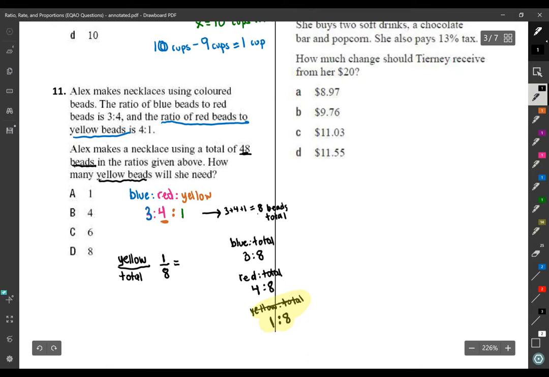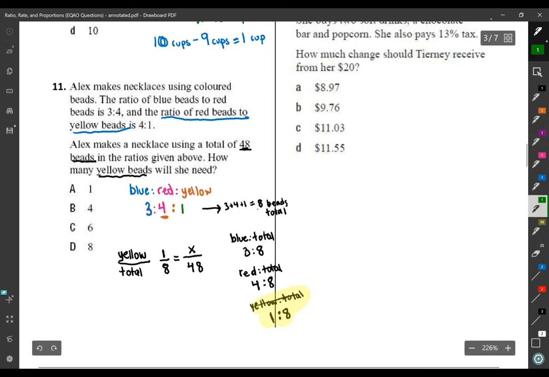But now, when I make a necklace that has 48 beads in total instead of 8, I want to know how many yellows I will need. To solve for x, I could rearrange the equation and multiply both sides by 48, but I could also use the scale factor of 6.